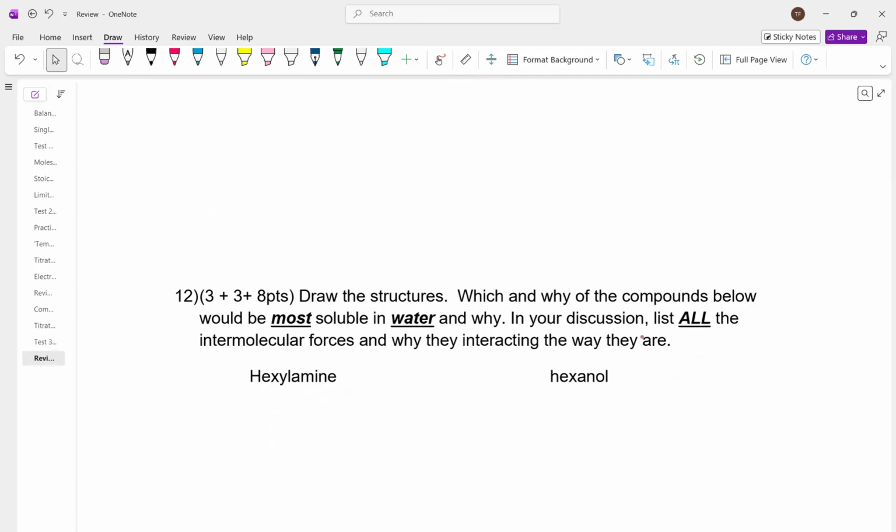Most soluble in water. Water is very polar. So which is more polar between these two? Okay, so this would be most, least. This has hydrogen bonding, dipole, dipole. This has hydrogen bonding and LDF.